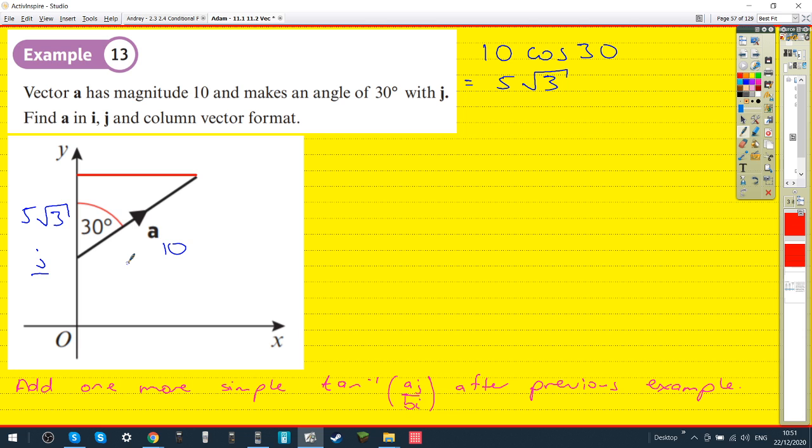So that's opposite over hypotenuse. Do we have the opposite? So would it be sine 30 equals O over 10? Yeah, sine 30.